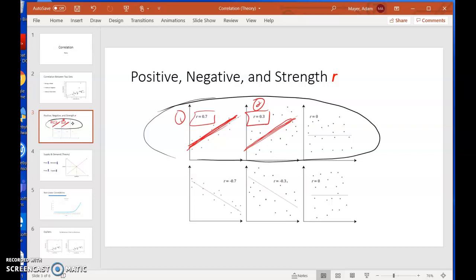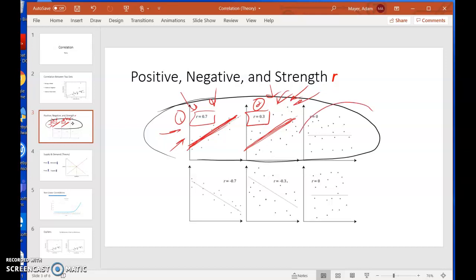So I would say the second data set graph is a weaker positive correlation than the first data set. You can compare the R values, the correlation coefficients.